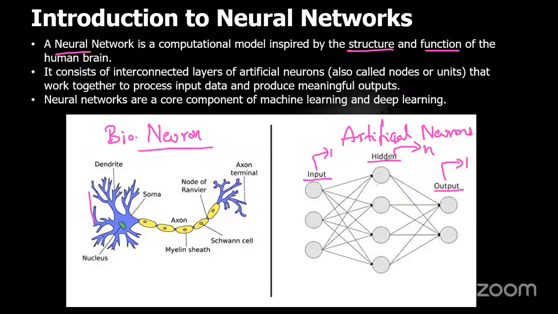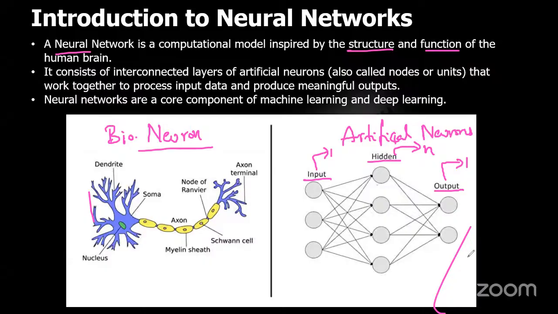Again, the question arises: if there are three hidden layers, how many neurons should I have within them? Again, that is the hyperparameter case. We try experimenting with different numbers of neurons within these hidden layers.